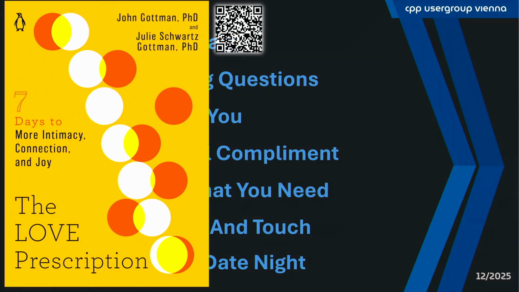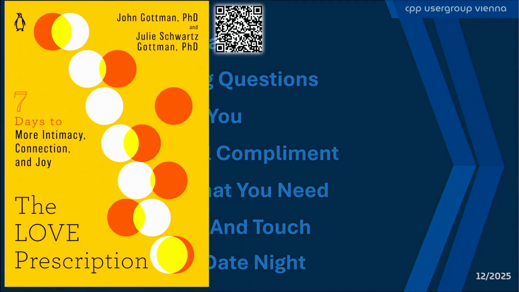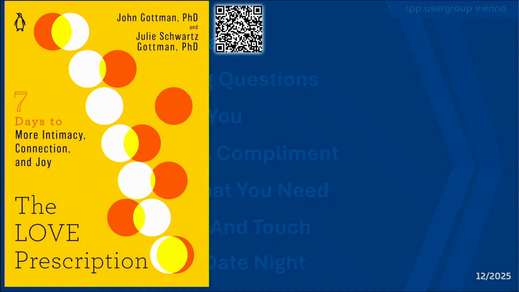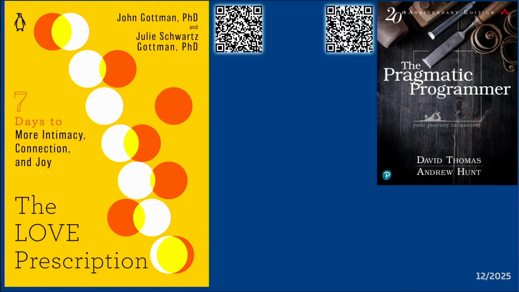The thing is, I read that book, and it's a fully American guidance book, but it has so many ground truths inside, and I can say that with pride because I'm in a happy, stable relationship for 27 years. And, well, before you applaud here, this could be you, because the pragmatic programmer, this is why I call it the pragmatic prescription.